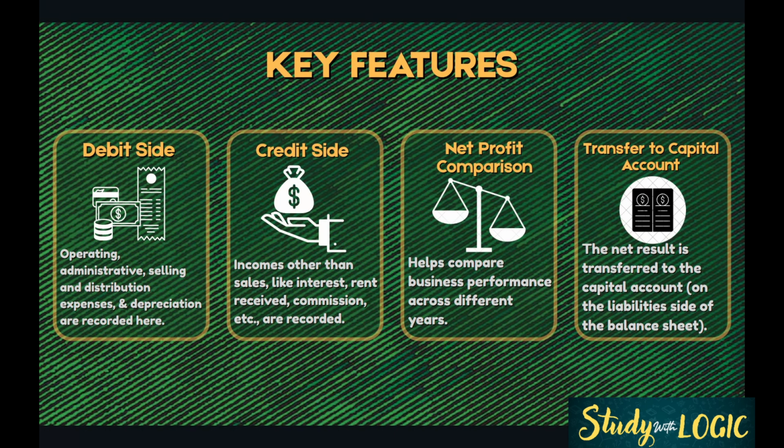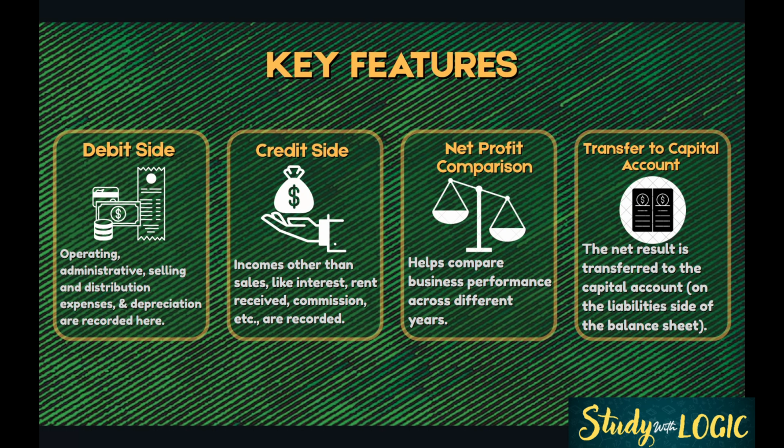The next one, it determines net profit, which is used to compare net profit of previous and succeeding years. So, net profit also involves gross profit, which is made by the trial balance. So, this net profit is the one which is compared with previous years and succeeding, meaning future years.